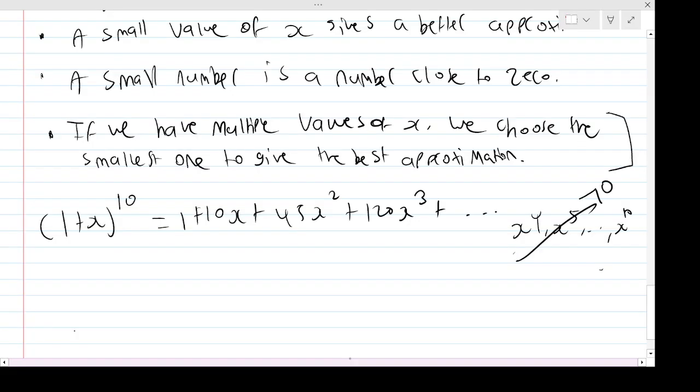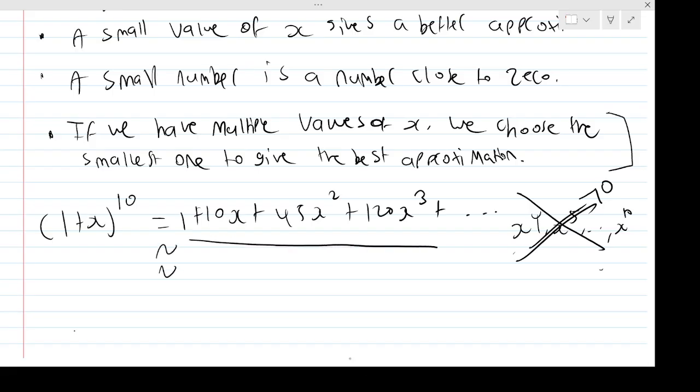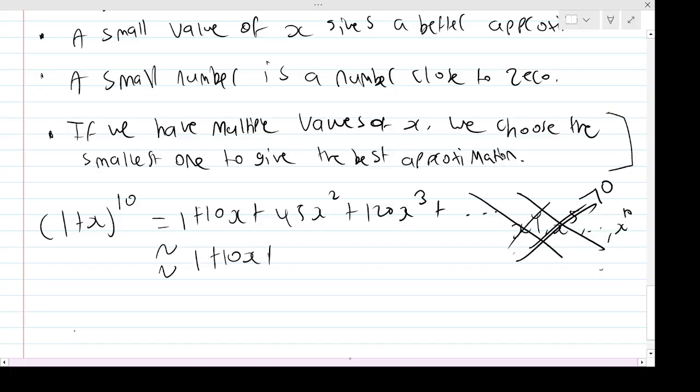Well, that means if we're adding 0 at the end here, effectively that's just nothing. So we can ignore it, right? So when we have a small number to plug in, the expansion approximates to the first few terms. We can cut off all the extra terms, and we can say it's approximately 1 plus 10x plus 45x squared plus 120x cubed.